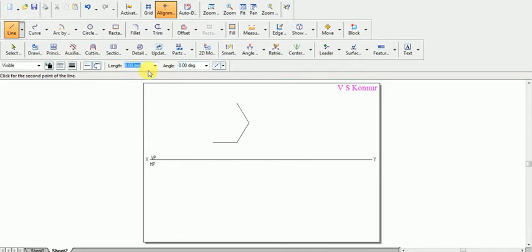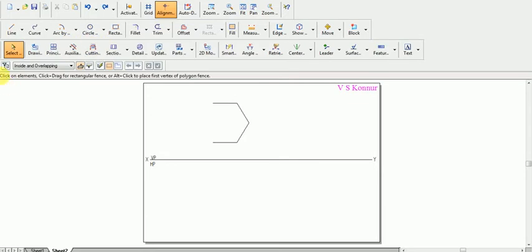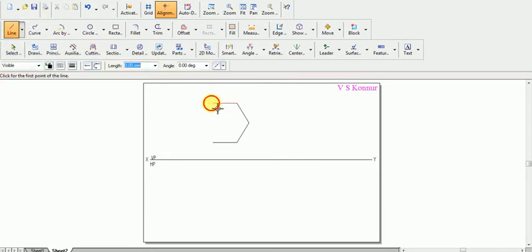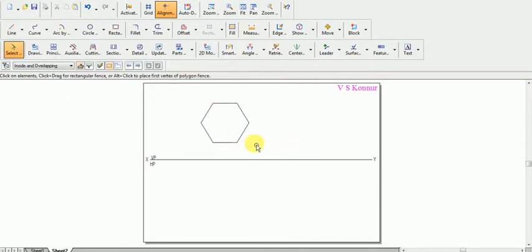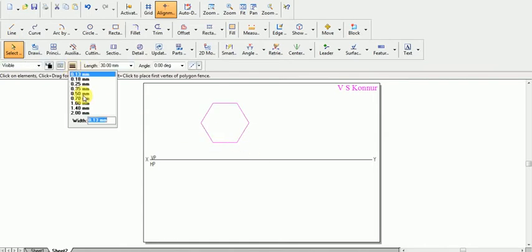Next 30, 180 plus 60, that is 240. It should be 0.5.